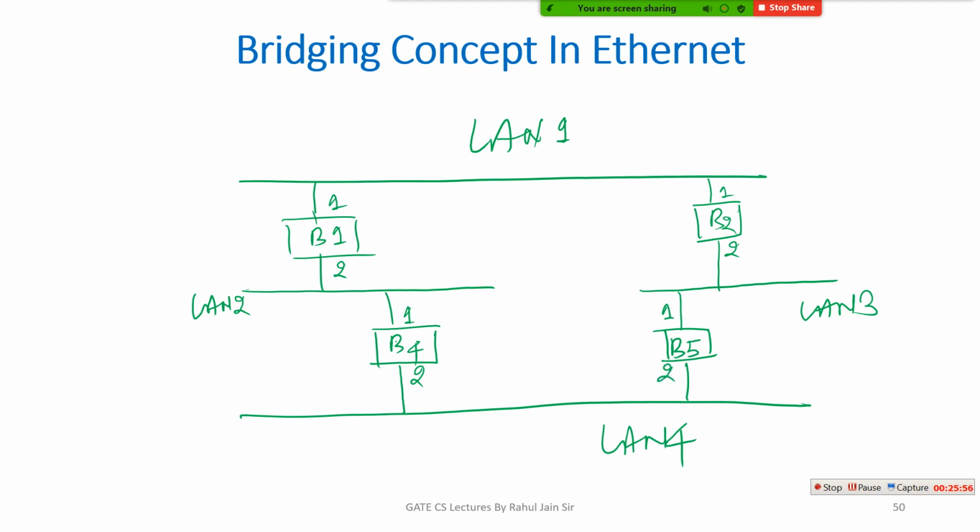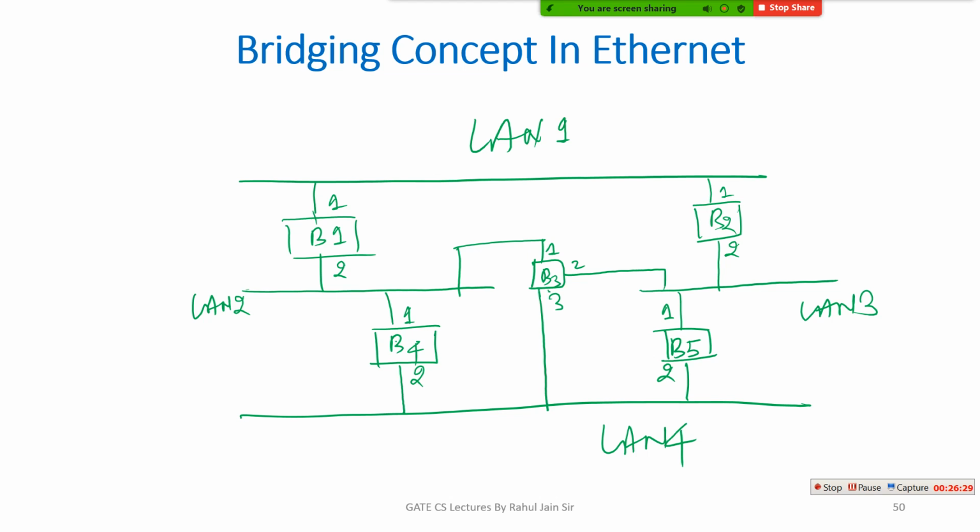And using bridge 3, lane 2 is connected to lane 3, as well as lane 2 is connected to lane 4. But bridge 3 has 3 ports: suppose this is my first port, this is the second port, and this is the third port. Okay.